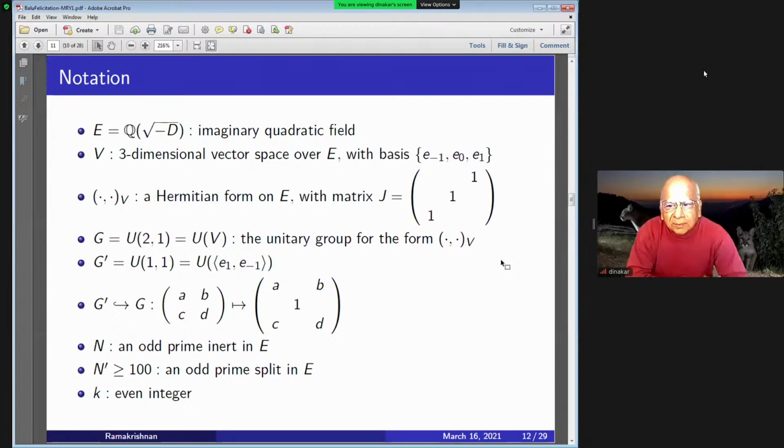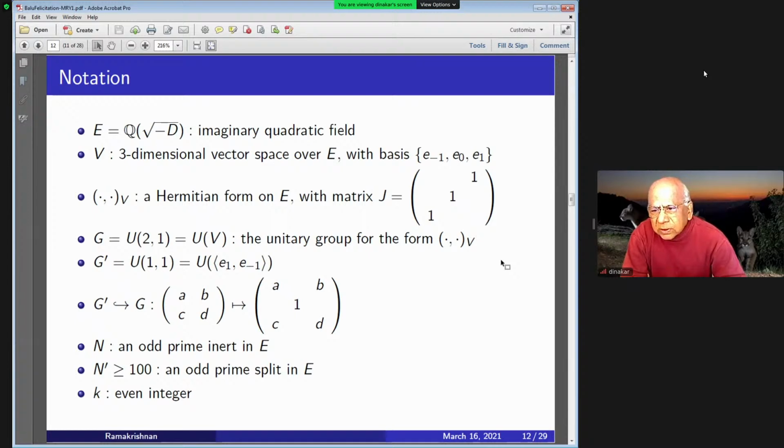So let me try to be more specific. We take an imaginary quadratic field, Q(√-d), and then we take a three-dimensional vector space, say with the basis e_{-1}, e_0, e_1. It's a standard way to write it, and you have a Hermitian form. Let's just take this matrix here. I mean, there are various ways to do it.